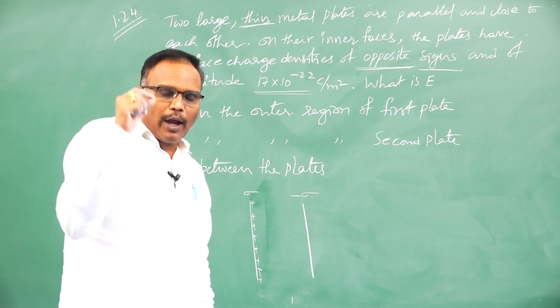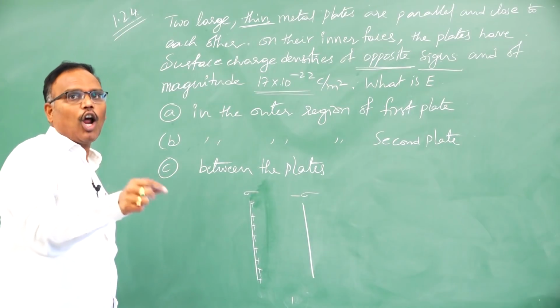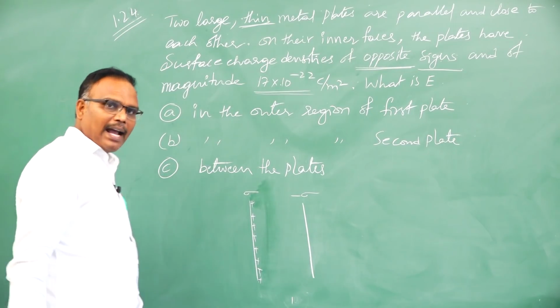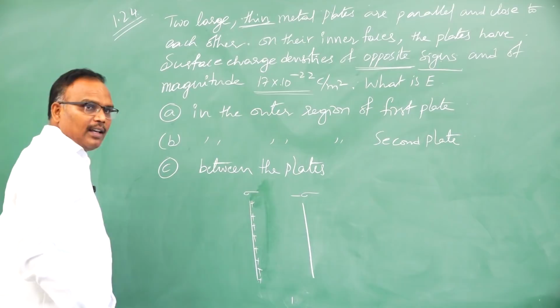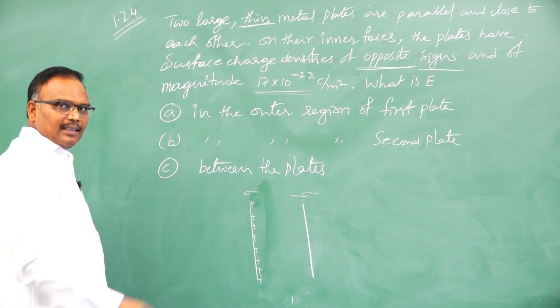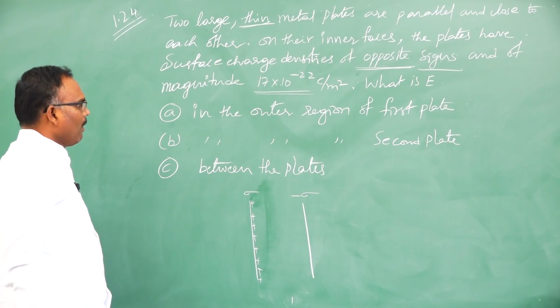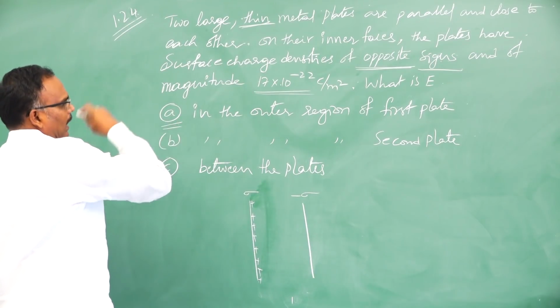Electric field at any point due to thin plates is sigma by 2 epsilon naught. Electric field is independent of distance. These are all very key points to solve this problem. First I will solve this one.